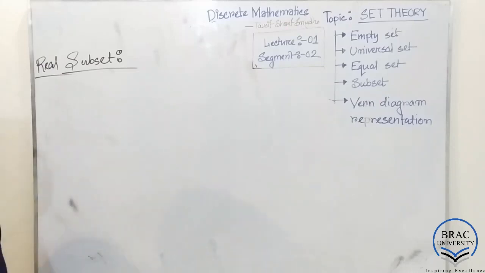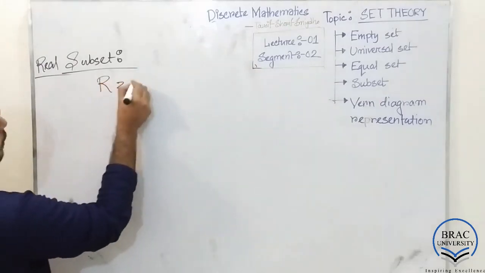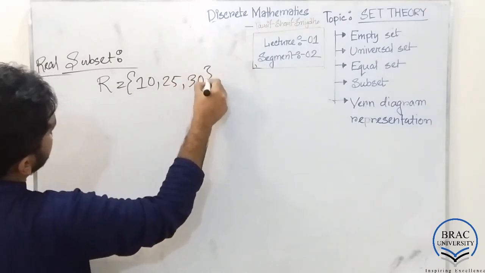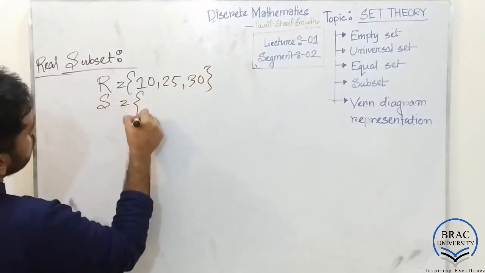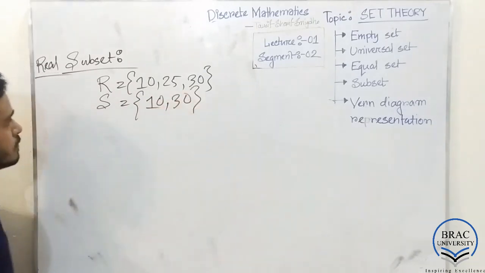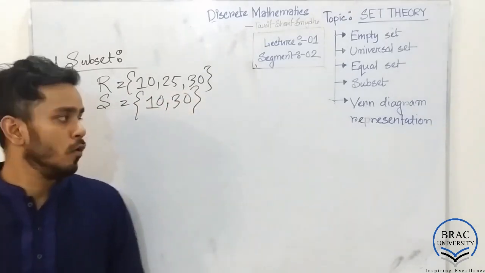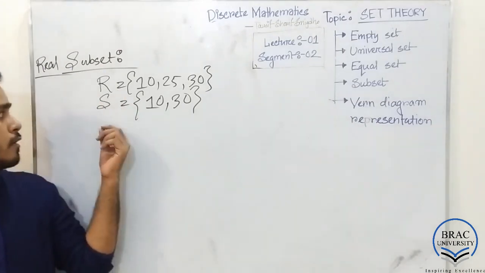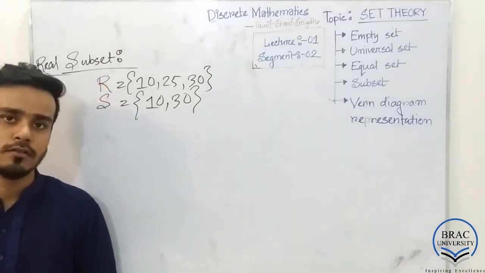So from the previous example, R = {10, 25, 30} and S = {10, 30}. Okay, so are these two sets equal?